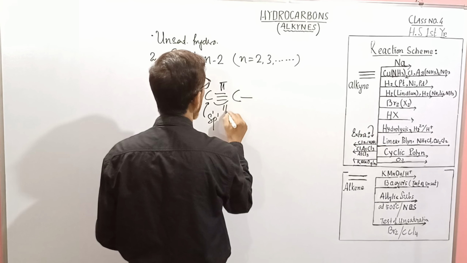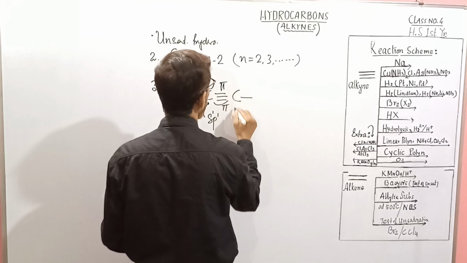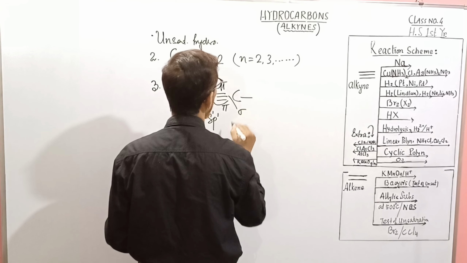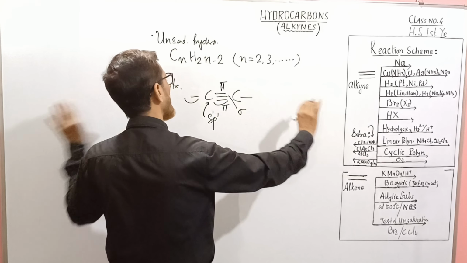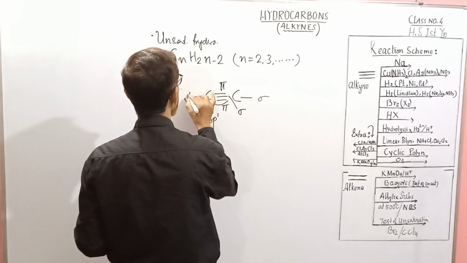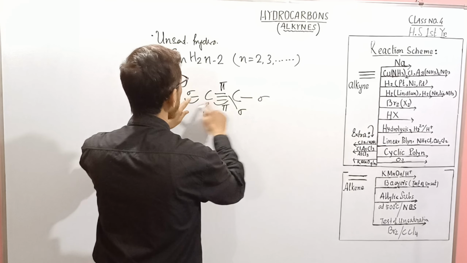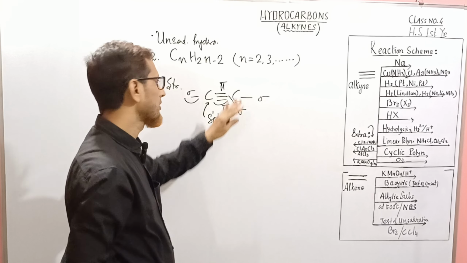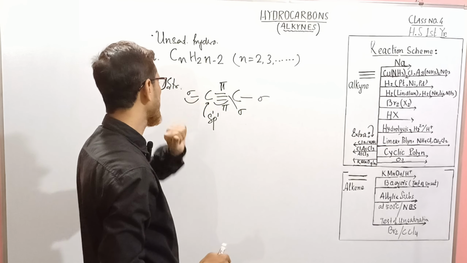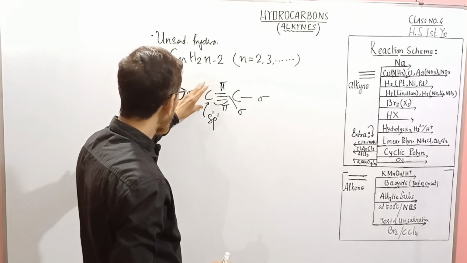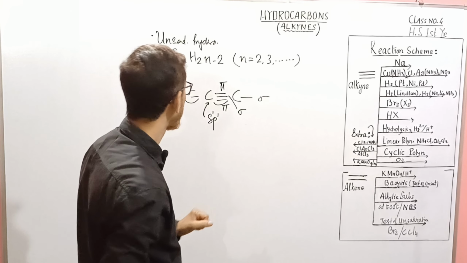One is pi, other is pi, and one is sigma. And the hydrogen bond or whatever else is a sigma bond. A single bond is a sigma bond. When there is a triple bond, there are 2 pi bonds and 1 sigma bond, and hybridization is sp.